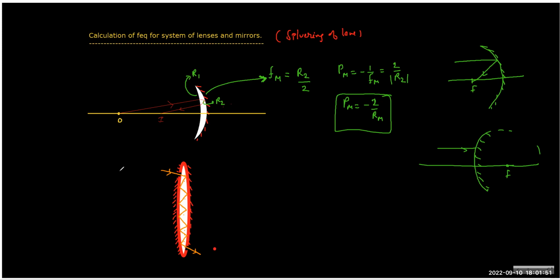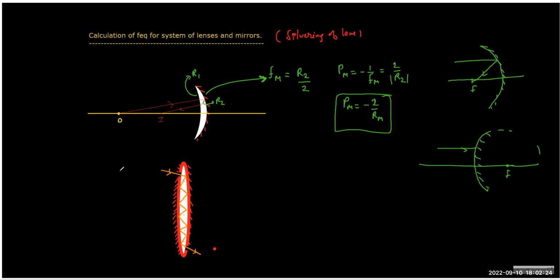Can you see how many times you're crossing the lens? You can count. 11 is the number of deviations it will suffer.